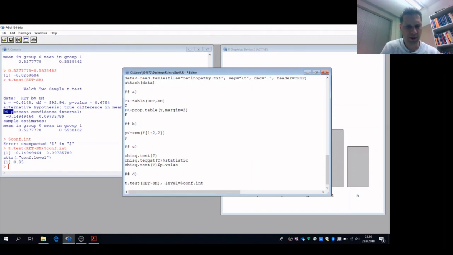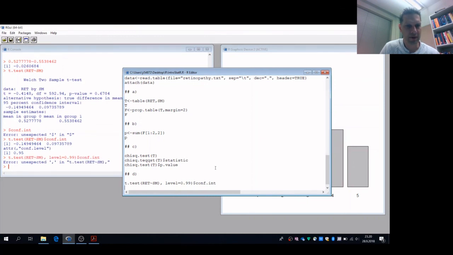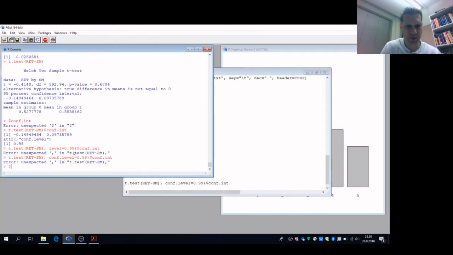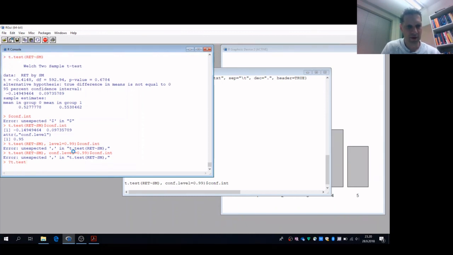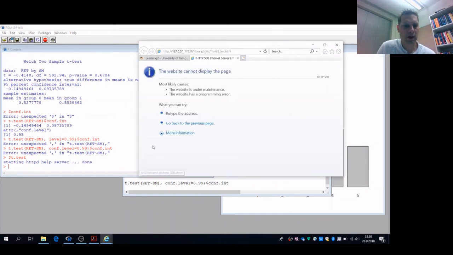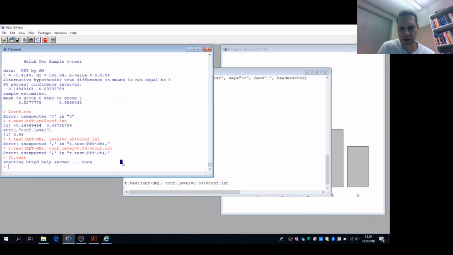I cannot now remember. 0.99, for example, and so it's not level, it's just conf.level, like given here. Sorry, let's just write it here because I cannot remember myself how the code was working. So no, we don't see it.